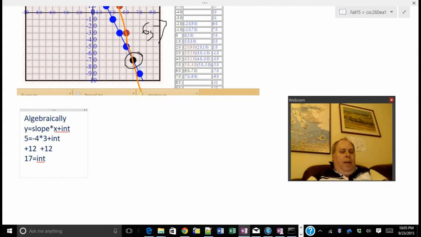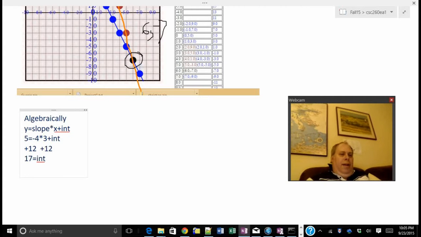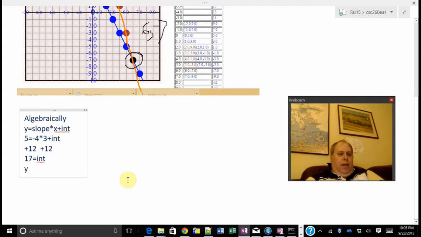So our formula for our brown line will be y equals negative 4x plus 17.